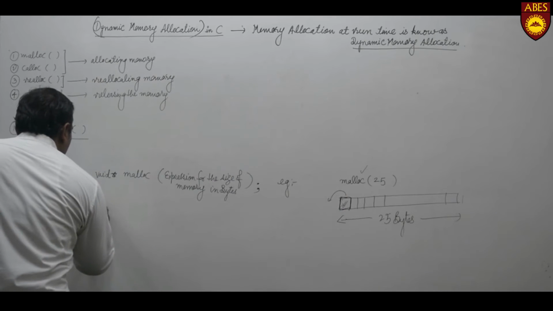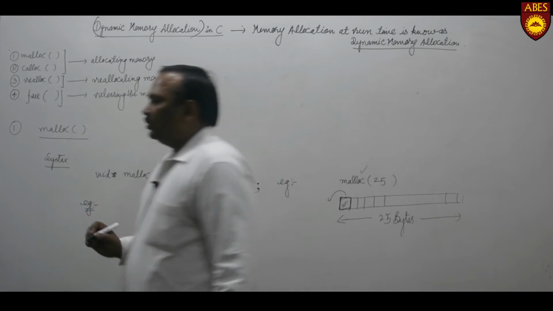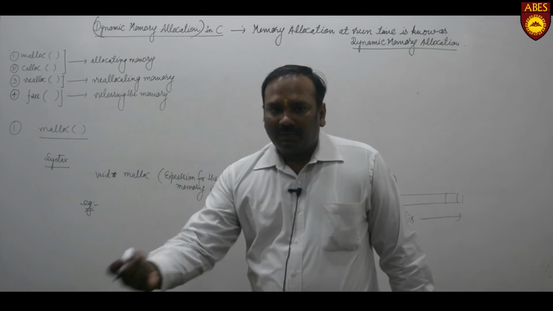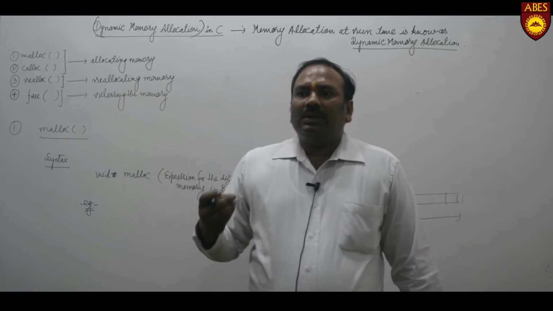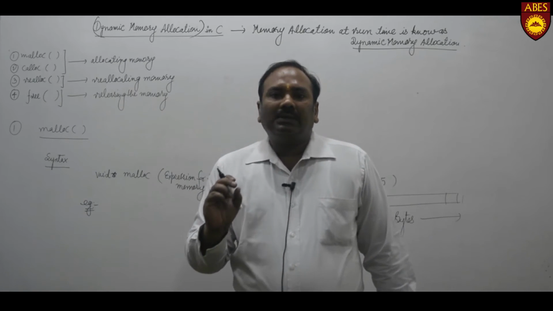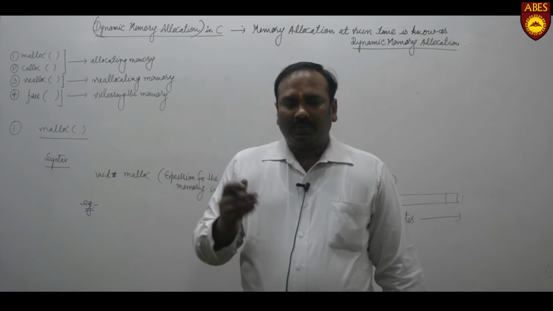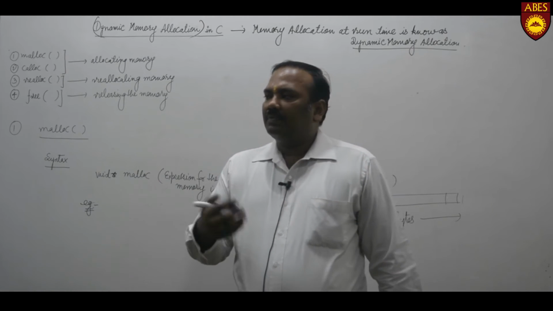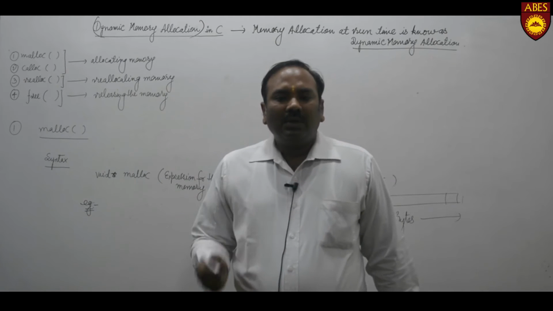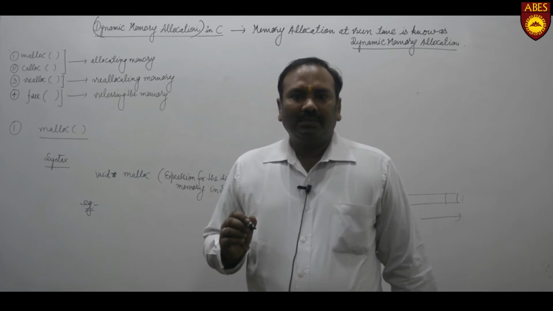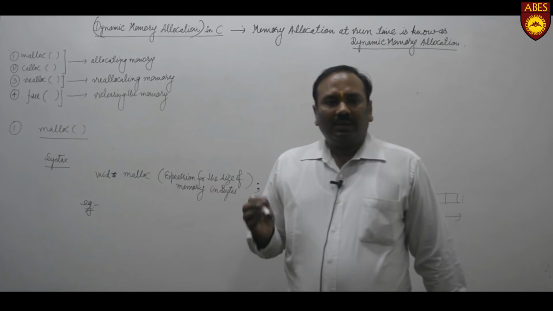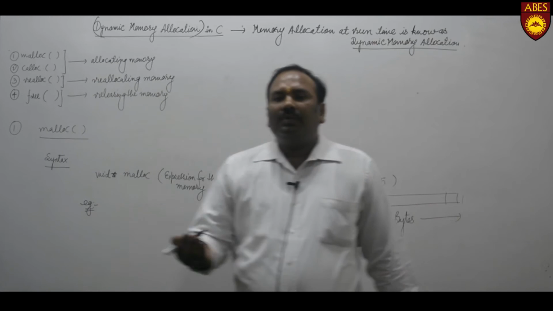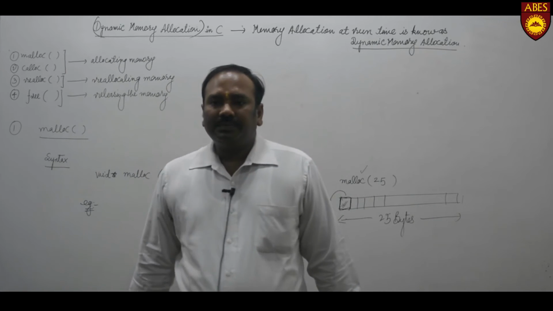For example, if we want to store n integers, when our program executes, we input the value of n through the keyboard, and that n may be anything. Suppose the first time I run I can give 15 and the second time I can give 55, and so on. The n can vary. It means by using malloc we are achieving memory at execution time.